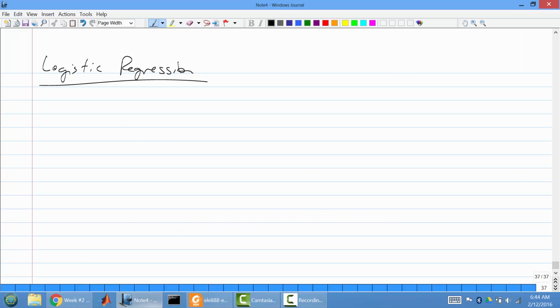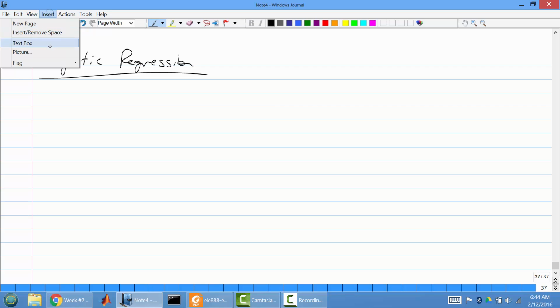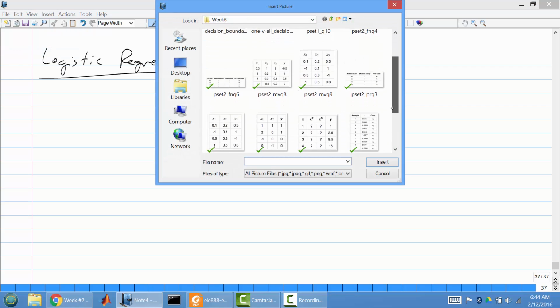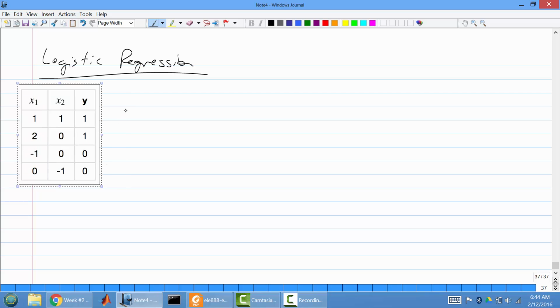Okay. So, logistic regression. Let me see. I think I managed to take a snapshot of that table. Okay, good, fantastic. Okay, so we set alpha equal to 0.1, and we are going to compute n equals 3 iterations.